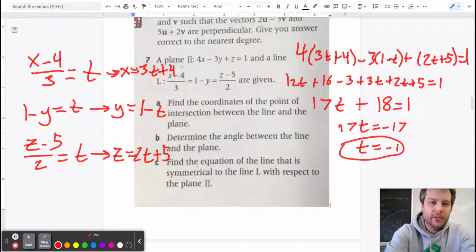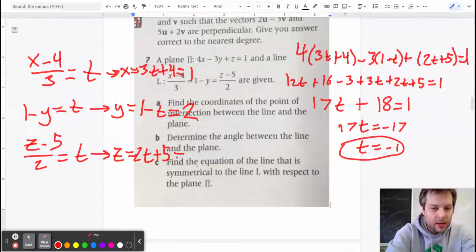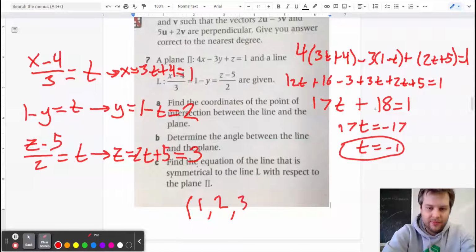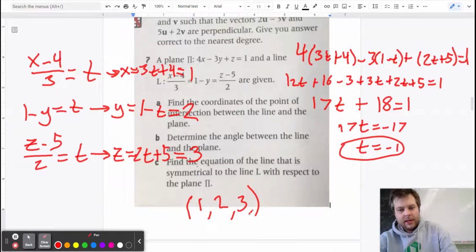Go back and substitute to calculate that x equals 3 times negative 1, negative 3 plus 4 makes 1. y makes 2. z makes 3. So now we know our point of intersection is (1, 2, 3). Okay, that was pretty nice.